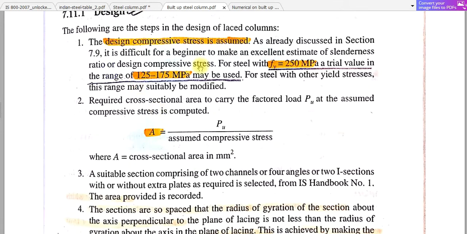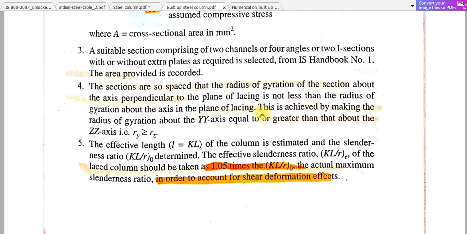So this is an assumption. Now if we know the particular standard section, then you can find the exact capacity of this section. So again you have to check whether this section is sufficient or not. So how can you check that?